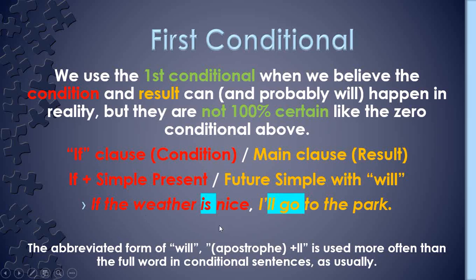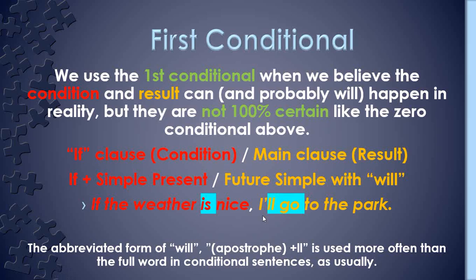If the weather is nice, I'll go to the park. Right here, we can notice that the verb to be is in present simple, if the weather is nice, but the result or the consequence is conjugated in future. I'll go to the park. Remember that I'll is a contraction of I will.